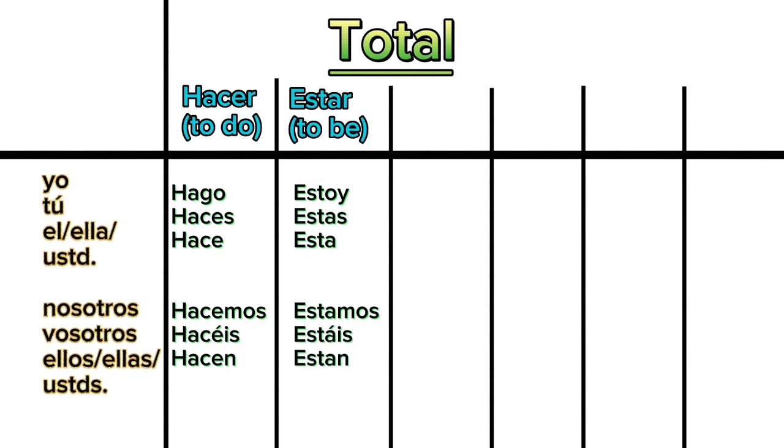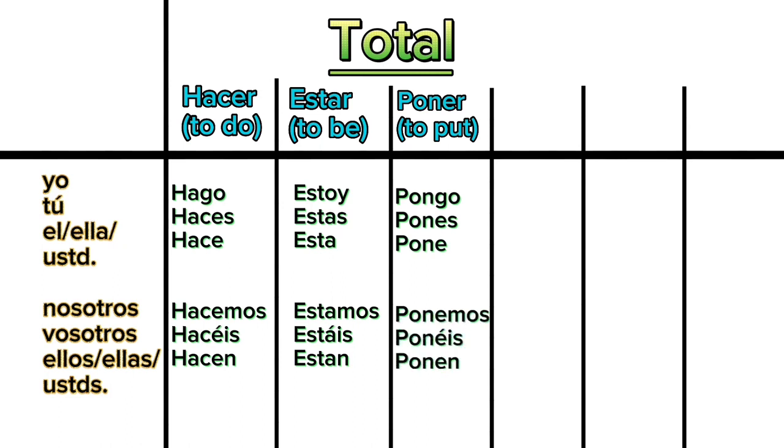Alright? Now, another verb that we have is poner. Poner means to put. Its conjugation is pongo, pones, pone, ponemos, ponéis, ponen. First one is pongo. Now, saber. The first form is sé. Saber means to know something.